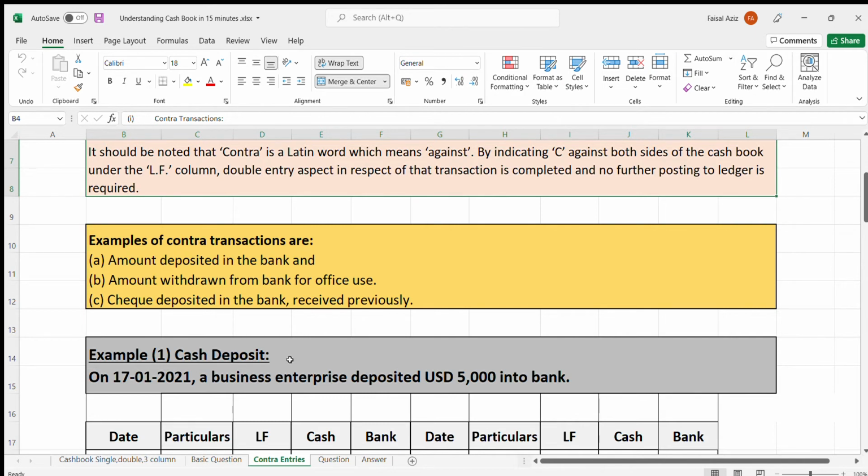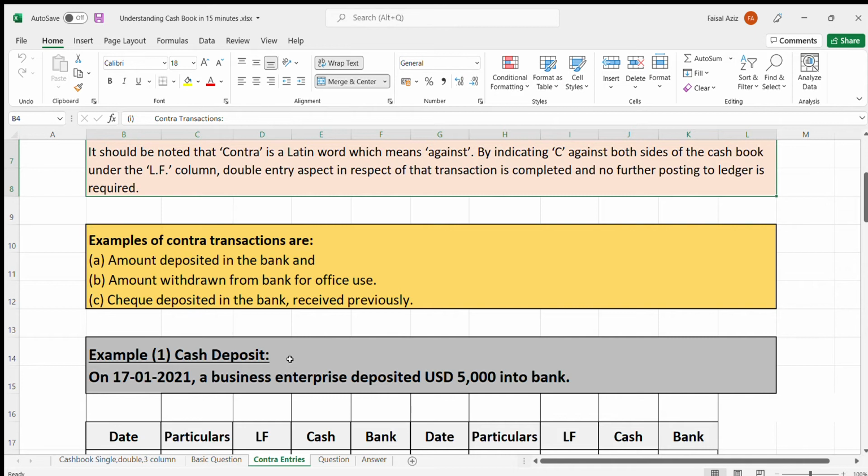So we have some examples of contra transactions. You can see that a contra transaction comes when we deposit an amount in the bank, when we withdraw money from the bank account for office use, and when we deposit a check in the bank which we have received previously.